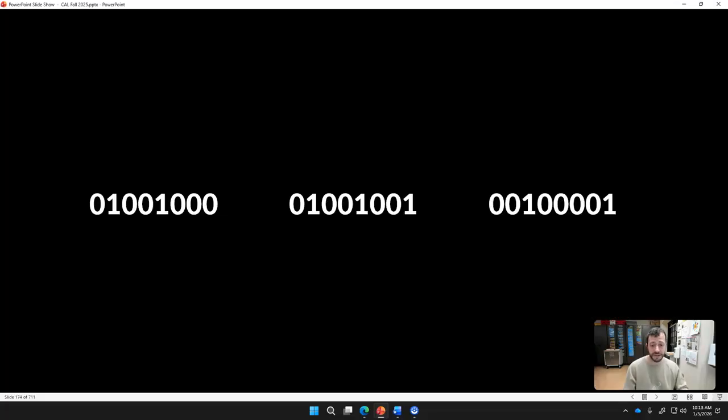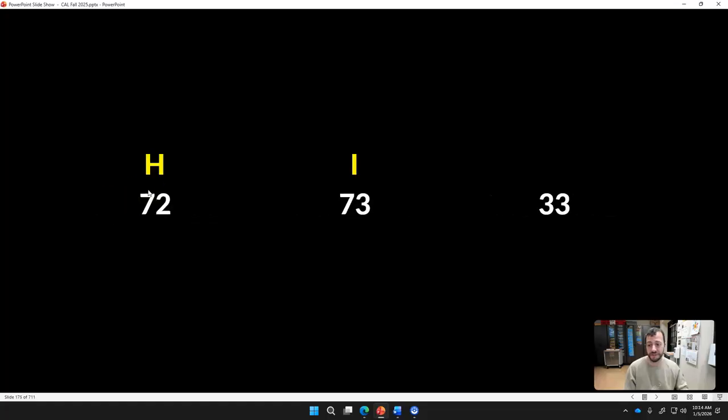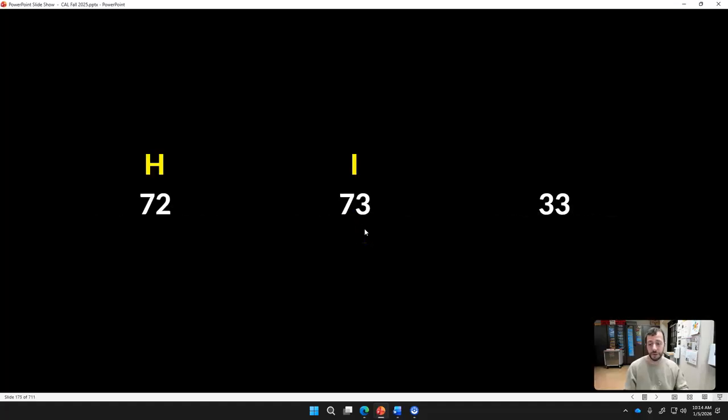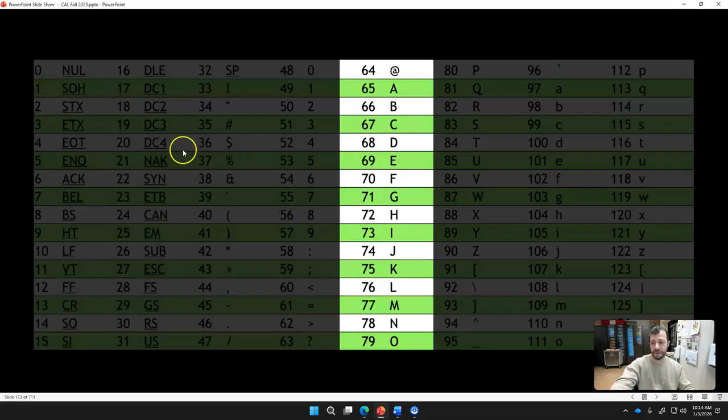So if we had this pattern of 24 binary digits, or 3 bytes of information, we can look up this pattern, where this is the number 72 and this is the number 73. 72 is H, 73 is I, so we would have 72, 73, which is HI, and then 33 is actually the exclamation mark.